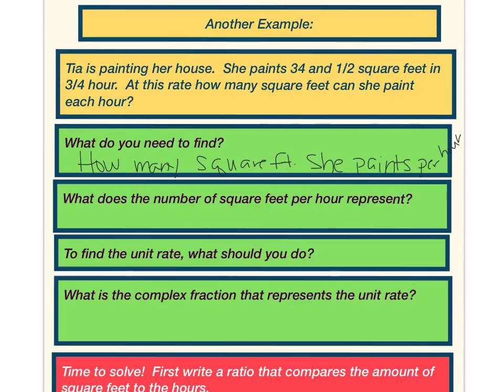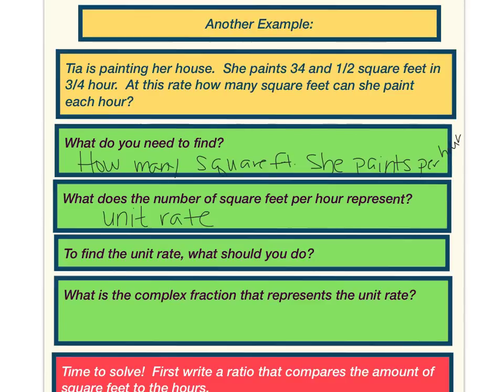Sorry, that's a little sloppy. What does the number of square feet per hour represent? Again, that represents our unit rate because we're figuring out how much she can paint in 1 hour. Okay, so that means it's going to be the unit rate.